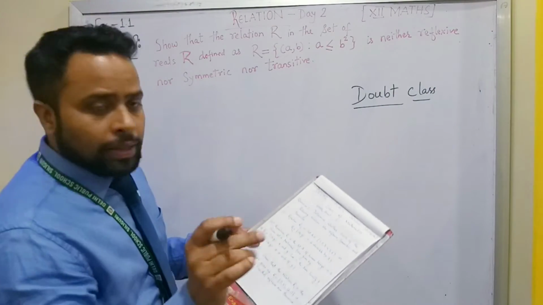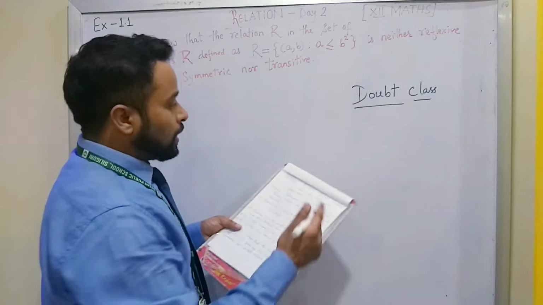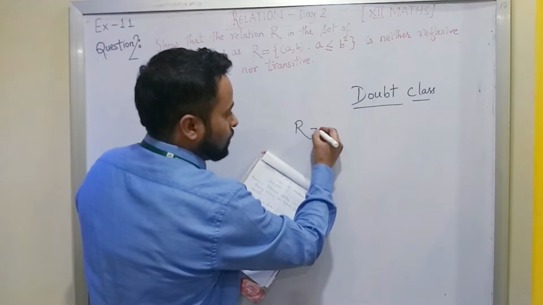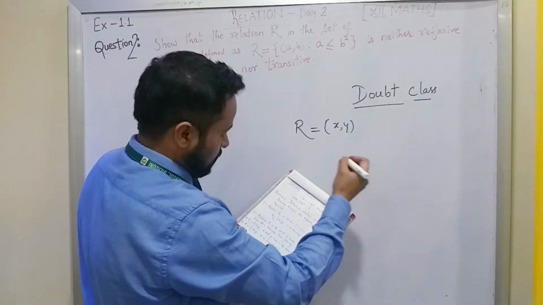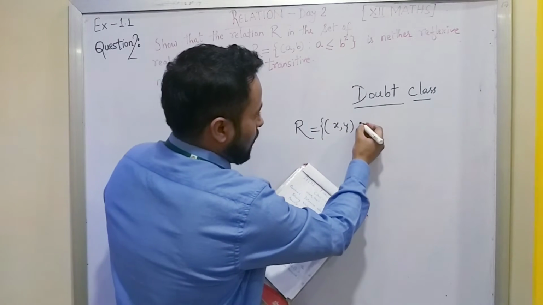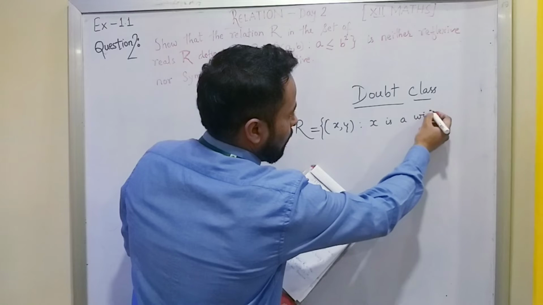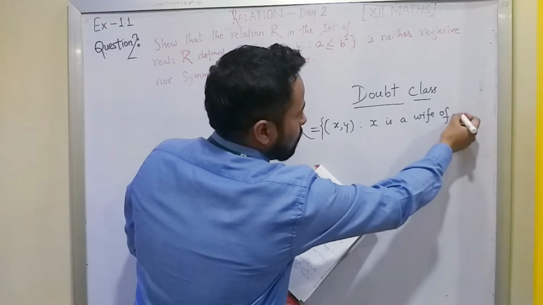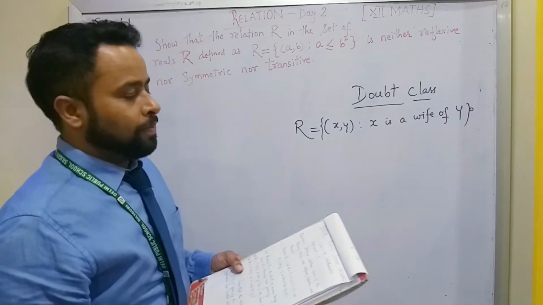They were asking me, maybe the problem is for everyone. R is a relation among the set of human beings, (x, y), such that x is a wife of y.